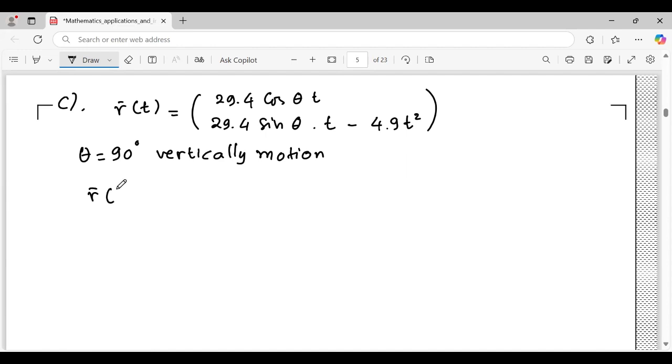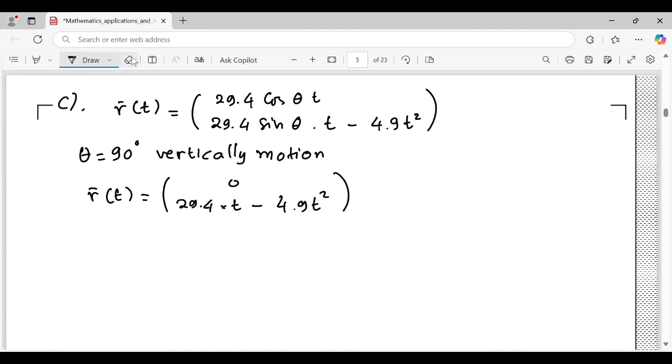So this vector becomes 0 for the first component, and 1 for the second: 29.4 times t minus 4.9 t squared.